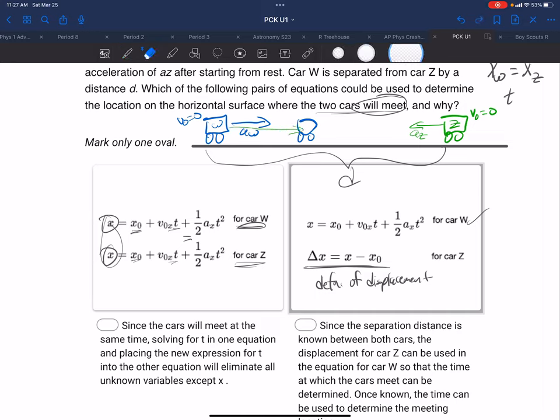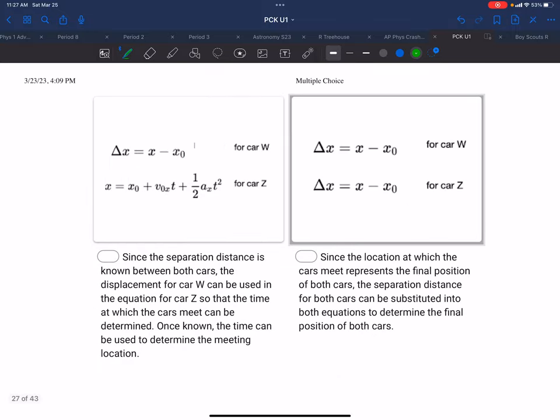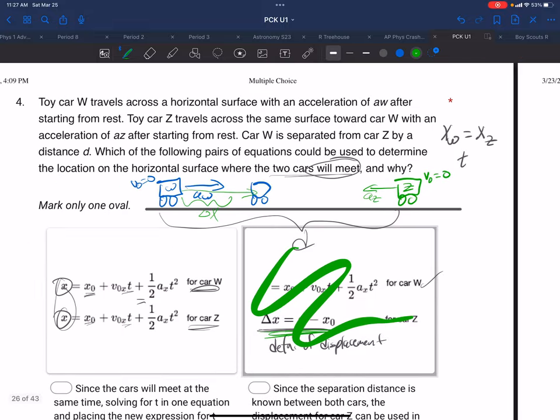It would give us the change in position. But it doesn't in any way relate the positions of cars W and Z. So that means that if we are relying on this equation, it can't help us. So this choice would be out. This choice would be out. And this choice would be out, leaving us with just the first choice.